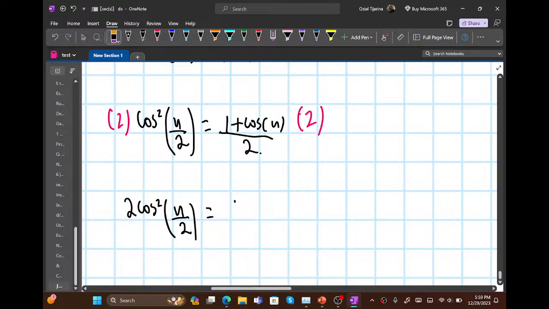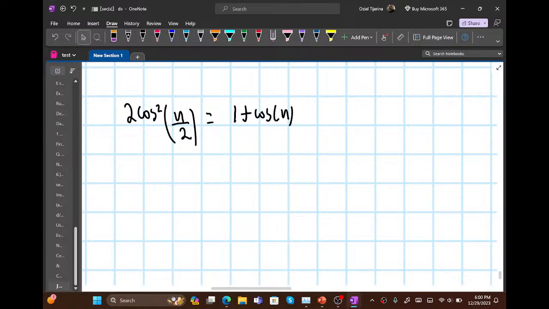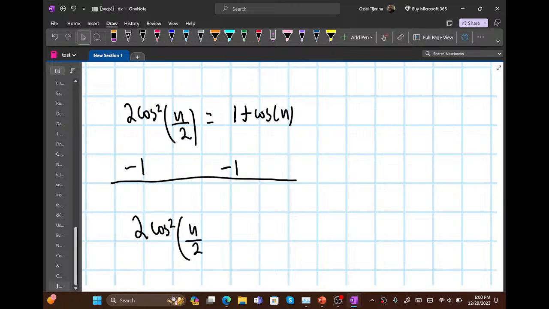This is going to equal 1 plus cosine of u. And then minus 1 on both sides. We end up getting 2 cosine squared of u over 2 minus 1 is equal to cosine u.